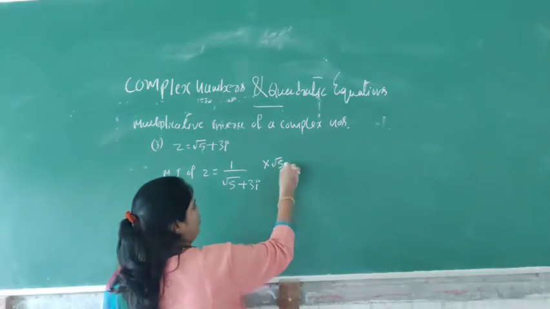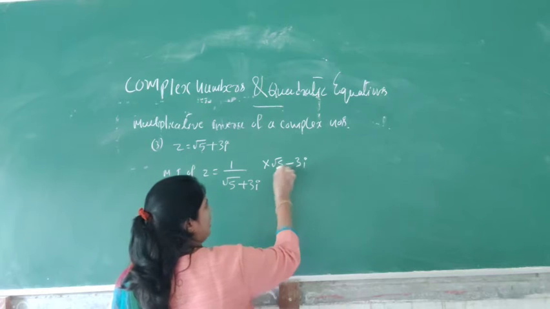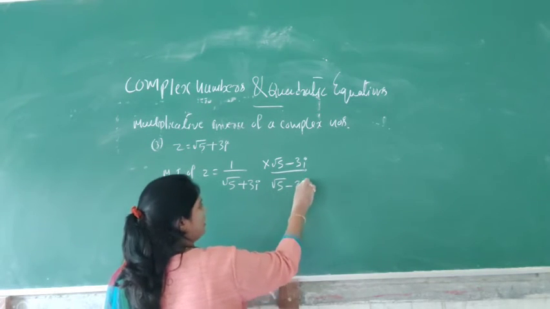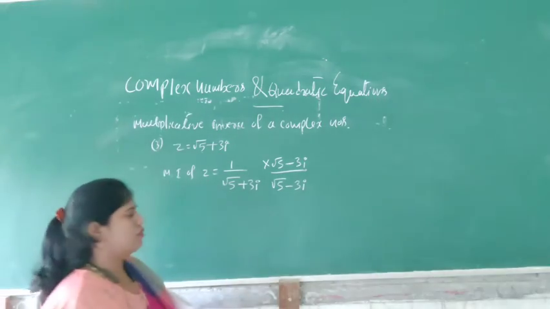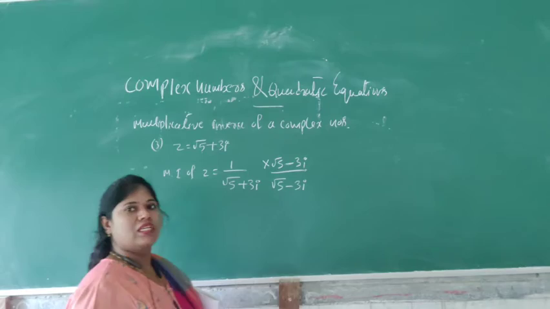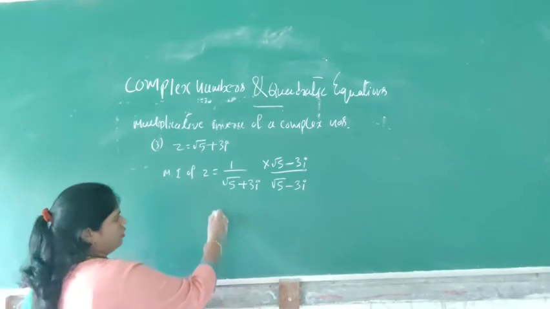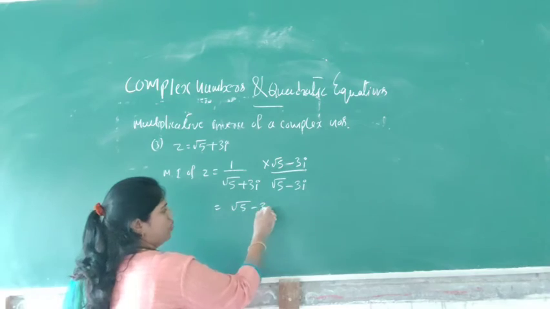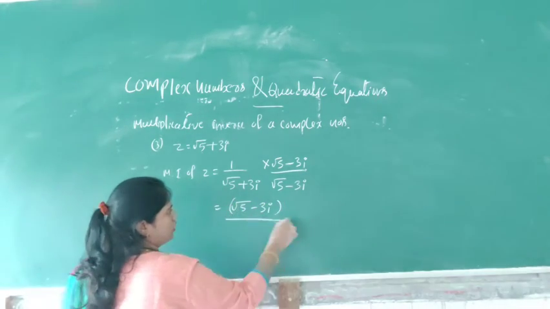So, root 5 minus 3i divided by root 5 minus 3i. So 1 into root 5 minus 3i is root 5 minus 3i itself.